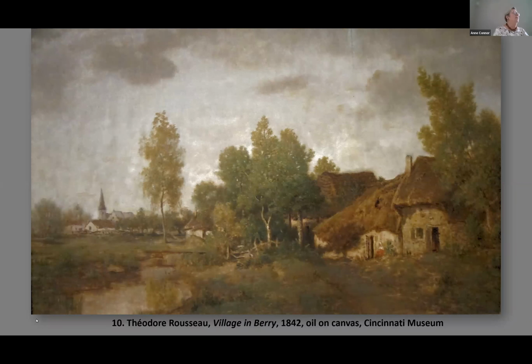As he was not able to get into the salon, he decided to go for paintings that would be of modest scale that he could sell easily. And this is what we'll see most of the time with him. And very beautiful paintings, very nicely decorative, not very large, but well painted.